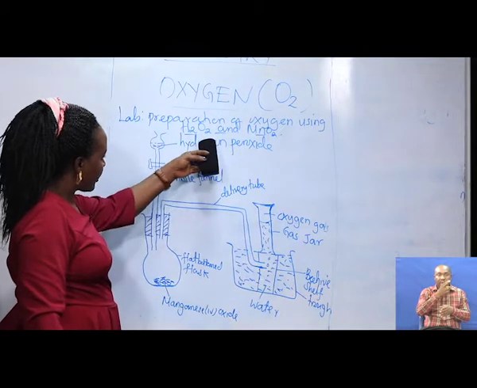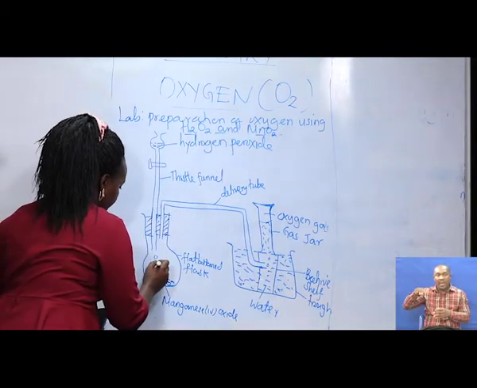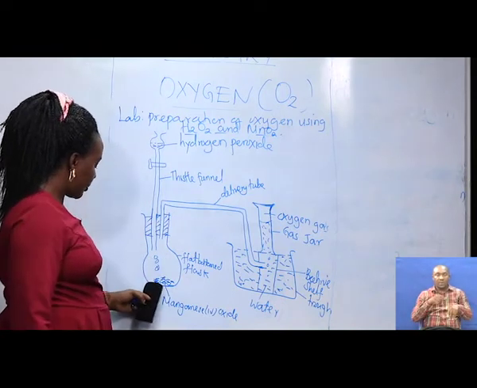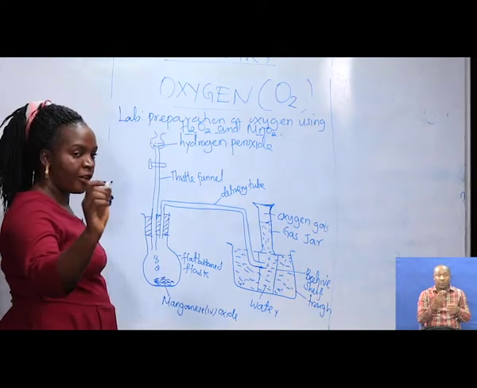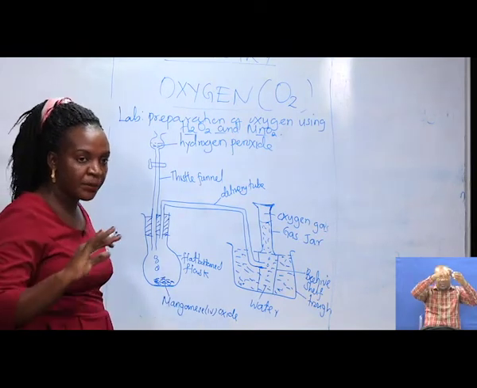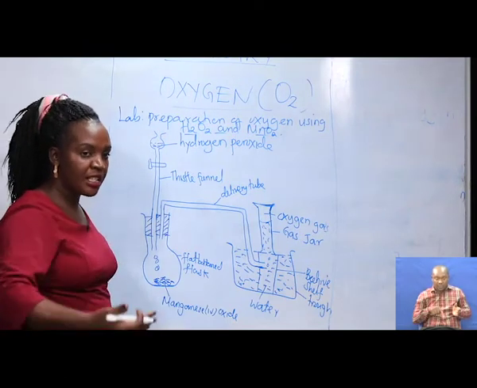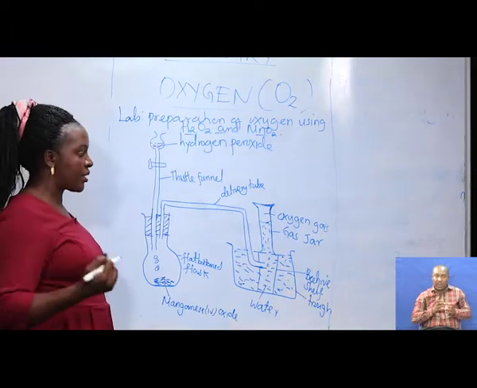Now, when this hydrogen peroxide is added in the flat-bottomed flask to react with manganese(IV) oxide, manganese(IV) oxide is a catalyst. It does not take part in the chemical reaction. The function is to speed up the decomposition of hydrogen peroxide in order to produce oxygen gas.